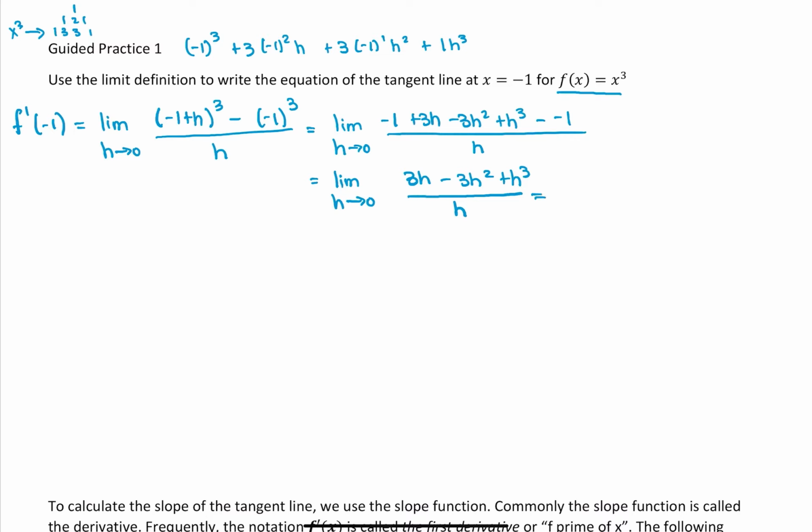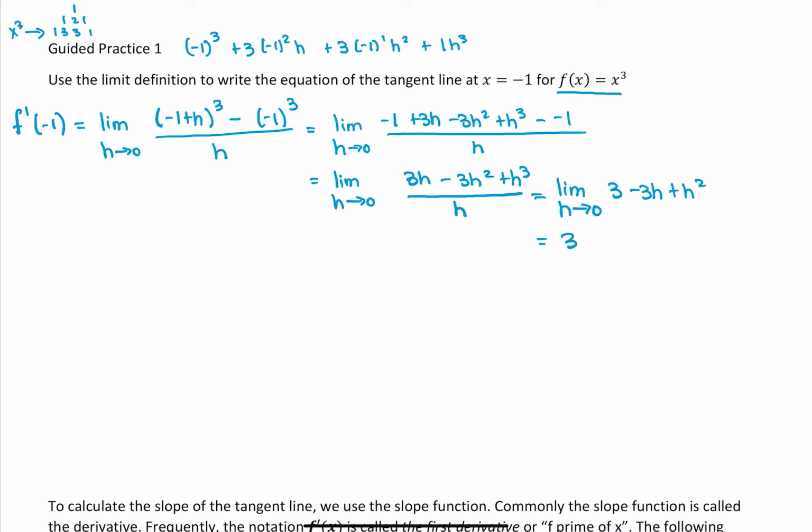And then since everything has an h in common, we can divide out an h. We get the limit as h approaches 0 of 3 minus 3h plus h squared. And again, the easiest way to evaluate a limit is through direct substitution. By doing that, we're going to get 3, because 3 minus 0 plus 0 squared is 3.